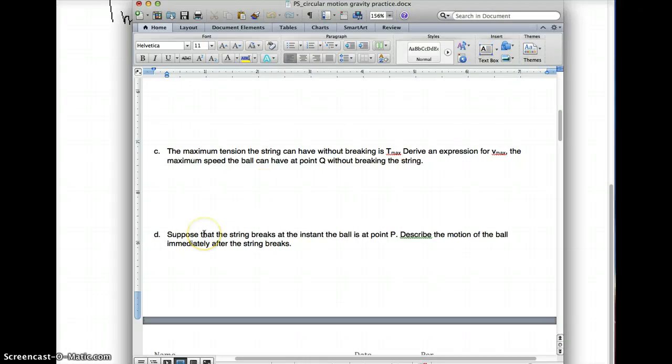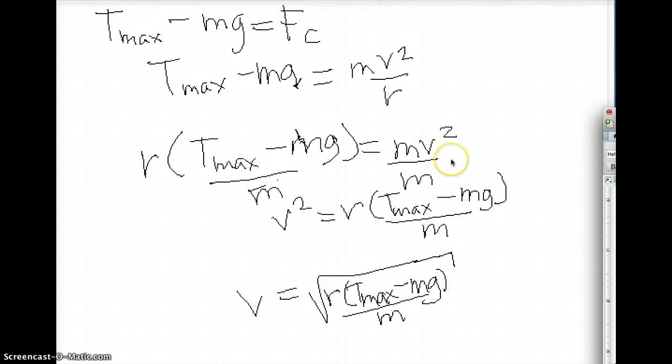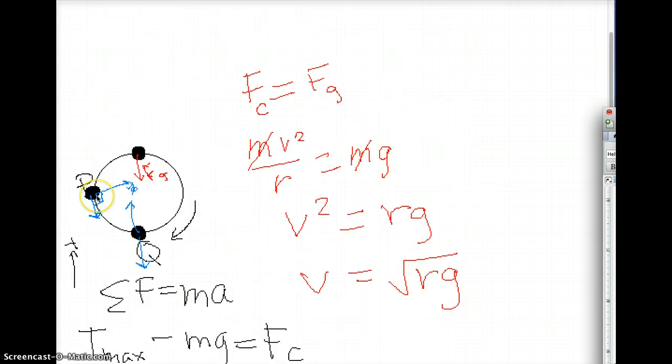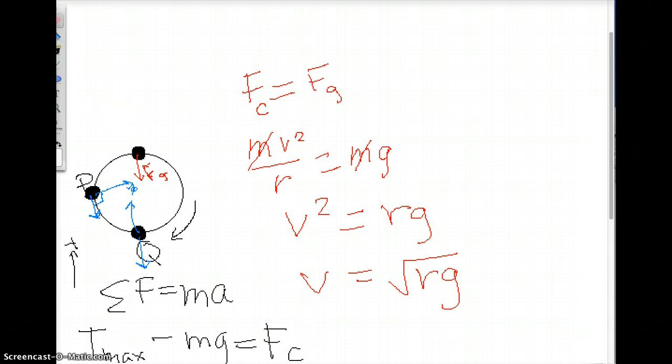Part D asks, suppose that the string breaks at the instant the ball is at point P. Describe the motion of the ball immediately after the string breaks. At point P, the ball is on its way upward, and we can say that at point P it has tangential velocity.